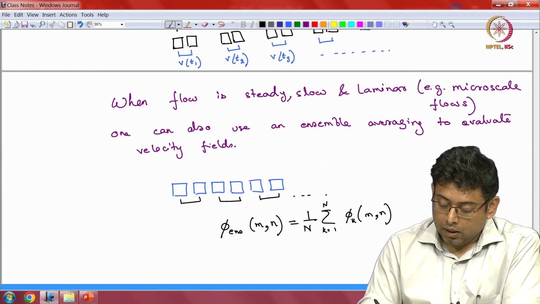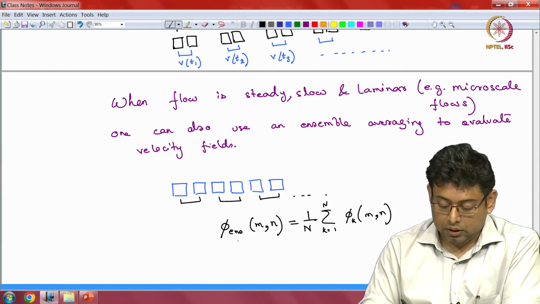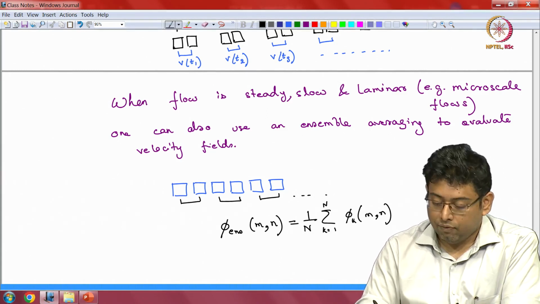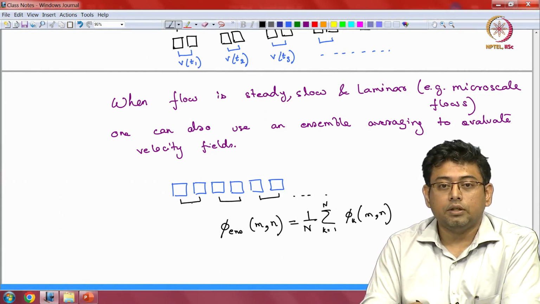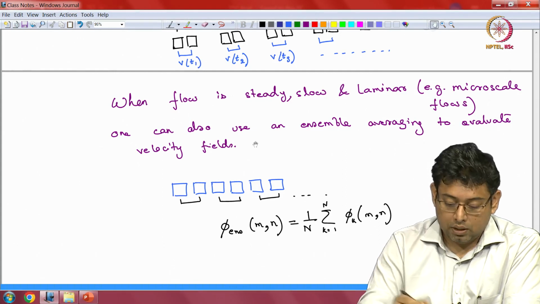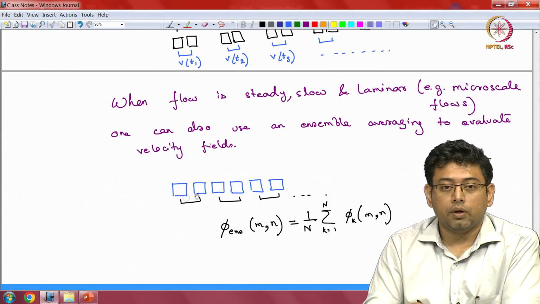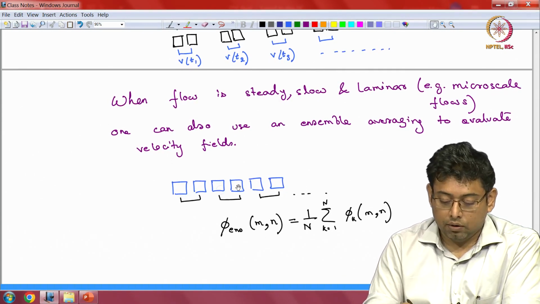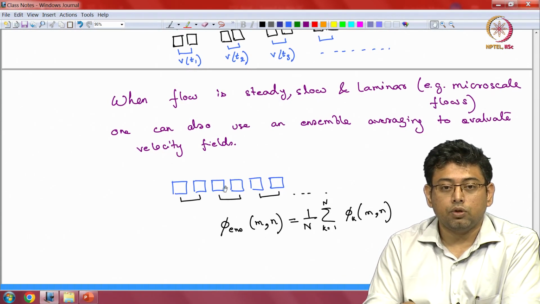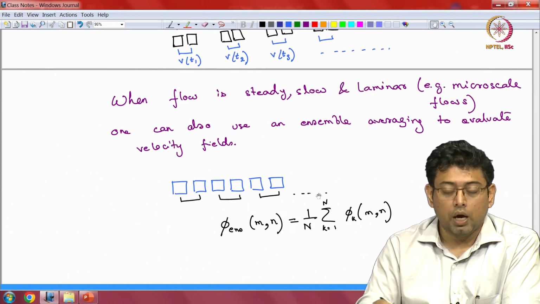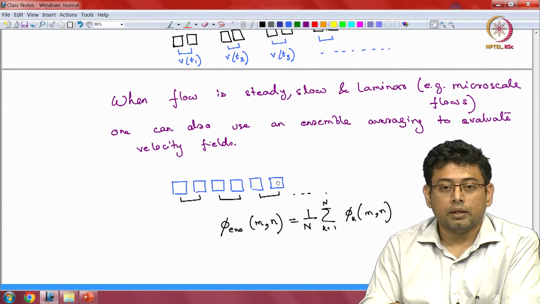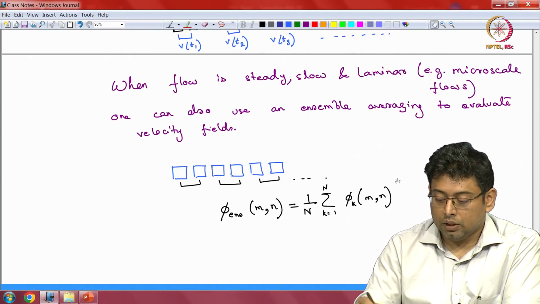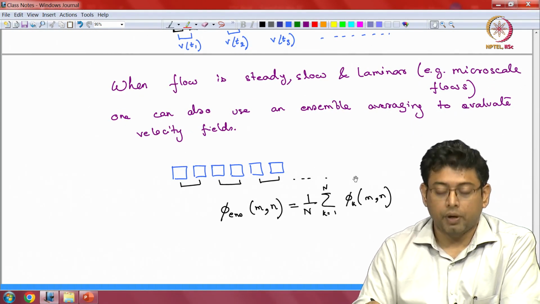On the left hand side you have the averaged phi, on the right hand side you have phi's calculated for each of these image pairs. So you calculate a correlation, and that becomes phi 1. Similarly, you calculate a correlation between these two images, that becomes phi 2, and you do this over the second pair and it becomes phi 3, and so on, and you end up with this kind of expression.